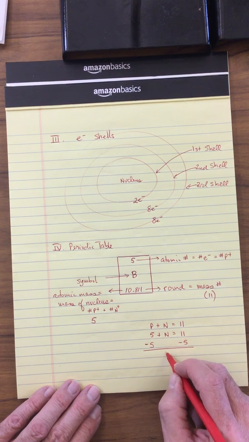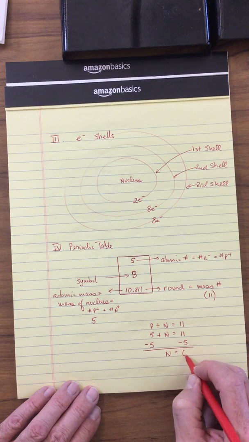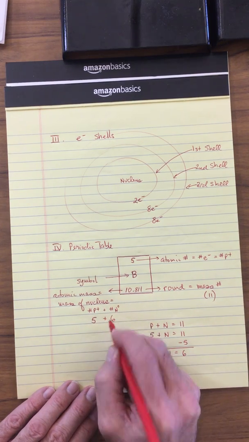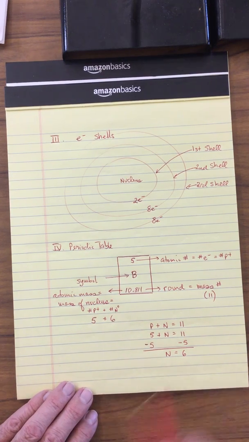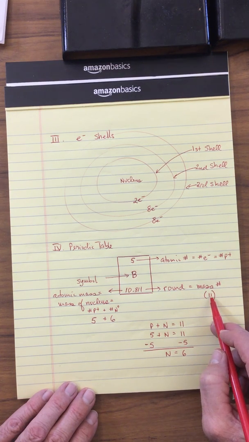And therefore, the neutrons in boron is going to be equal to 11 minus 5, which is 6. Let's put this back up here. I have 5 protons and 6 neutrons, and they make my mass a rounded number of 11.